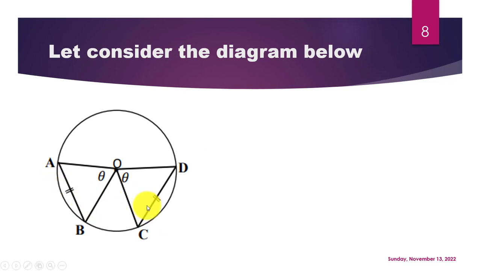If they are equal, then automatically the angles subtended by these chords at the center of the circle are equal. So this angle is equal to that angle. That is, angle COD is equal to angle AOB, and that is why we are seeing angle theta and angle theta here.